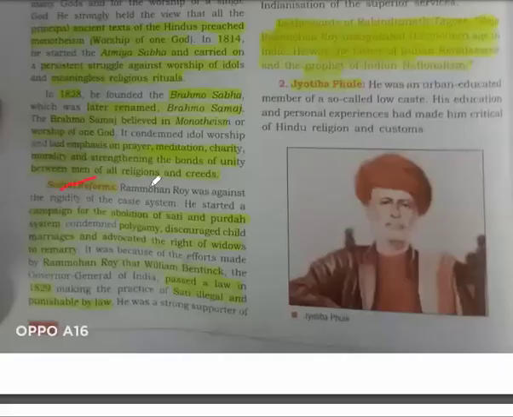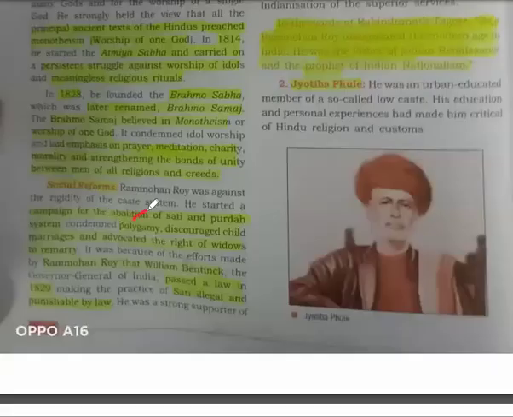So his social reforms were that he started a campaign for abolition of sati and purda system, condemned polygamy, discouraged child marriages, and advocated the right of widows to remarry.